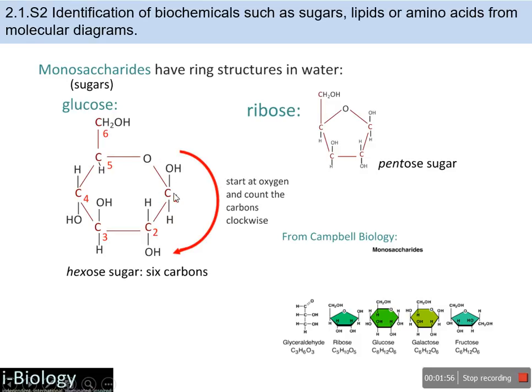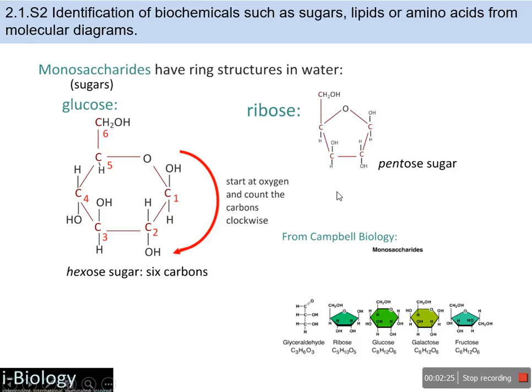So you've got carbon 1 on the right-hand side, all the way around going clockwise to your last carbon, which is carbon 6. So when you're counting carbon atoms, you always start on the right-hand side and count in a clockwise direction. Ribose is a pentose sugar, meaning, of course, that it's got, you guessed it, 5 carbon atoms. Again, carbon 1, 2, 3, 4, and number 5.